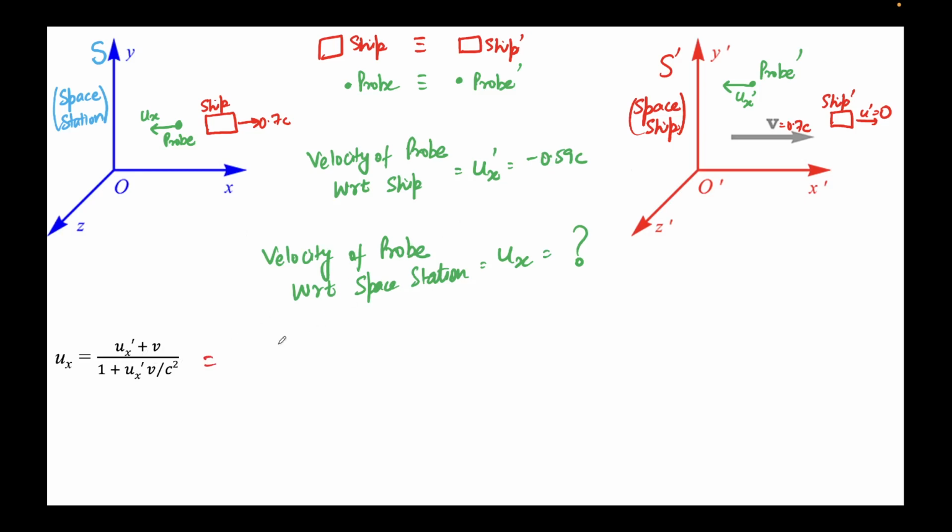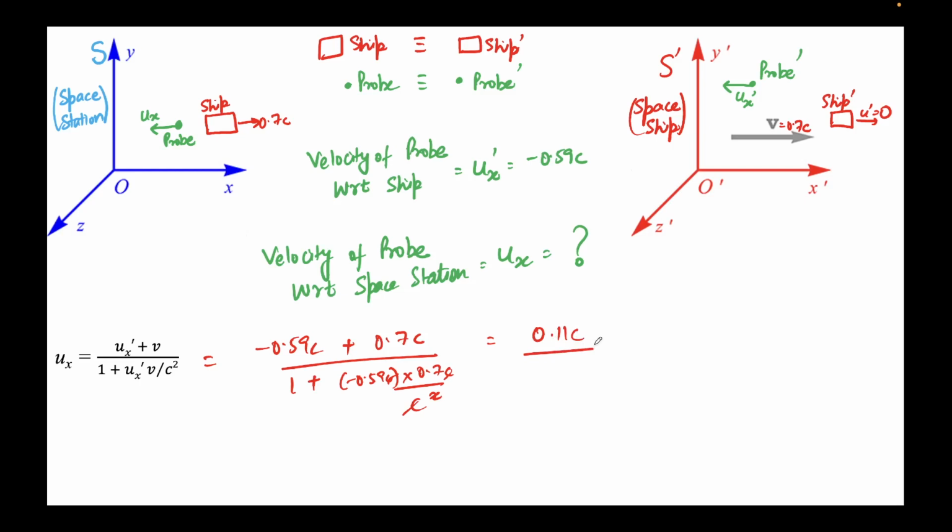So ux equals ux prime, which is minus 0.59c, plus the value of v, which is 0.7c, divided by 1 plus ux prime, minus 0.59c, times 0.7c over c squared. So these terms get cancelled. In the numerator you will get 0.11c.